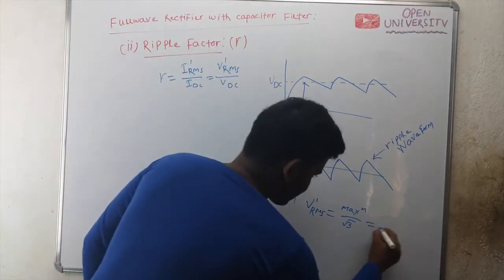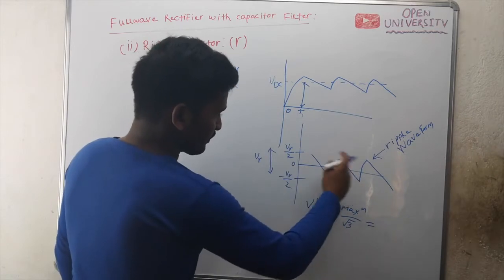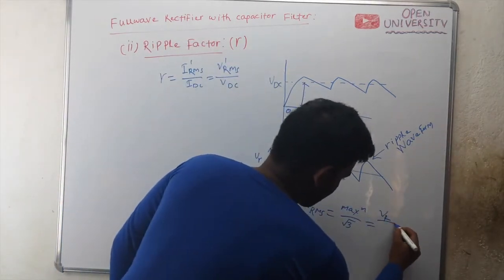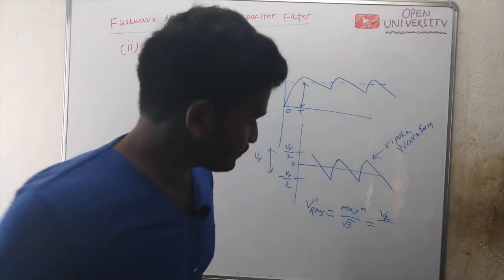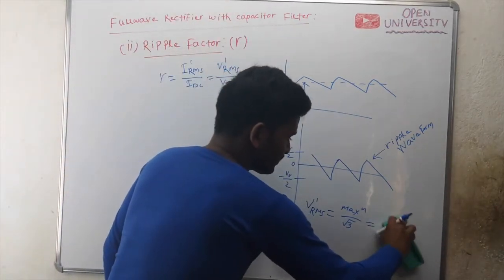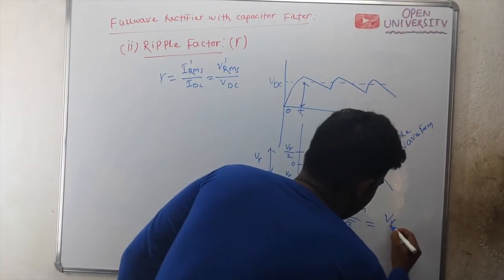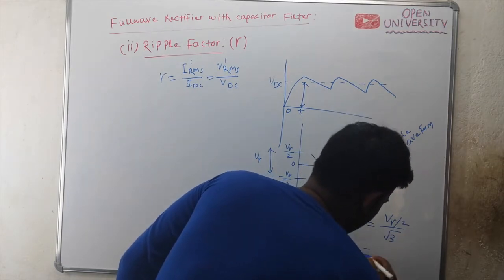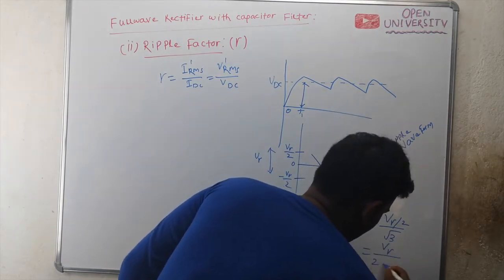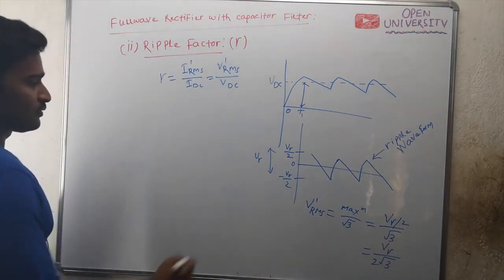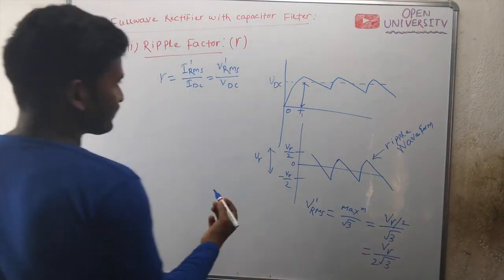So you can write the RMS value of this AC component is small VR by 2 divided by root 3, that is nothing but VR by 2 root 3. This is the RMS value of the AC component.